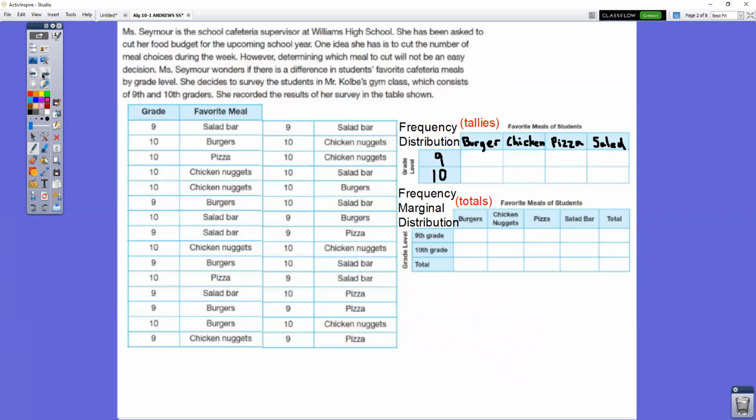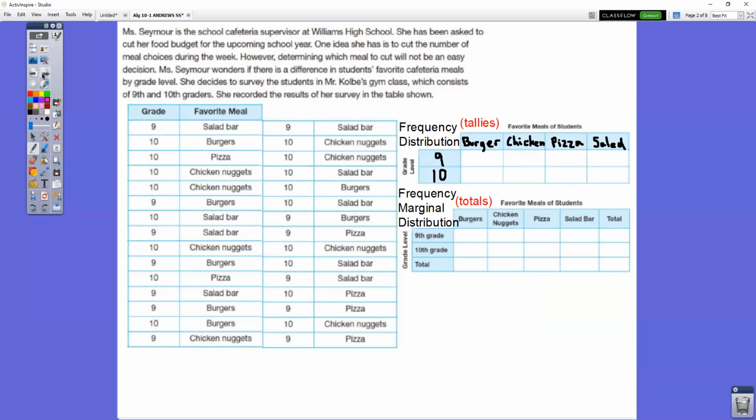So when we take a look at this first question, it says Miss Seymour is the school cafeteria supervisor. She asked students some questions. She asked them what grade they were in and what their favorite meal was. Now you are going to have to do this.